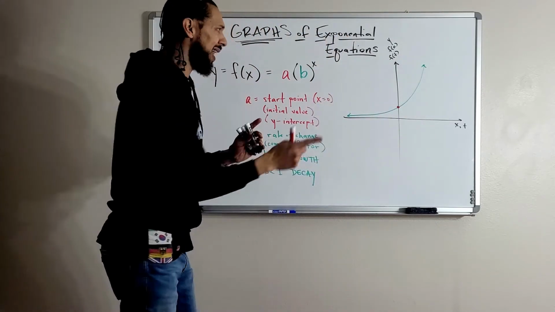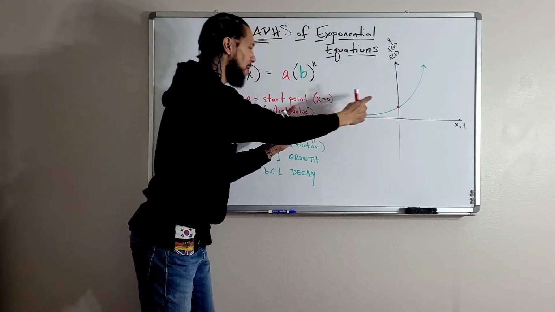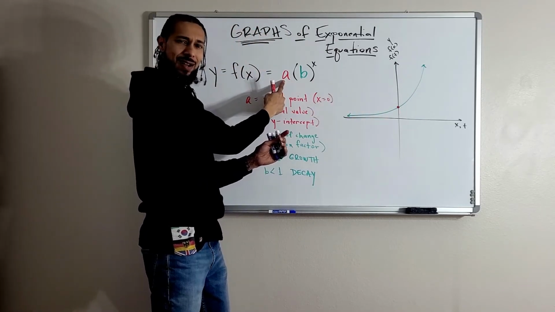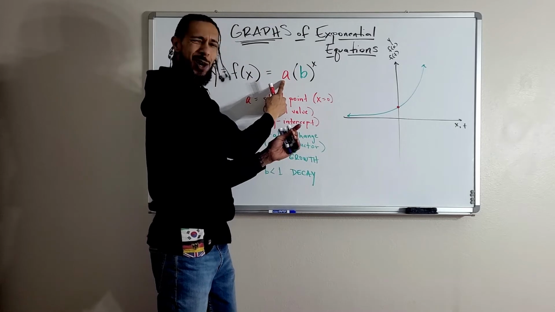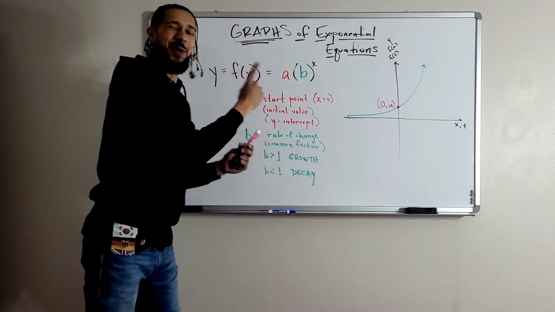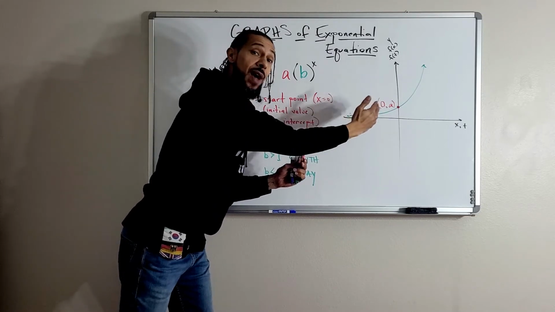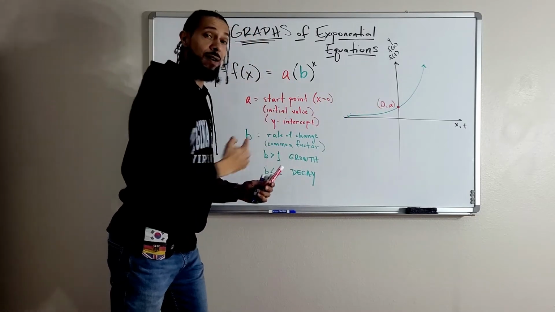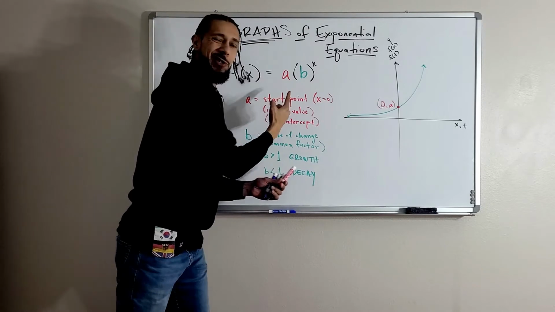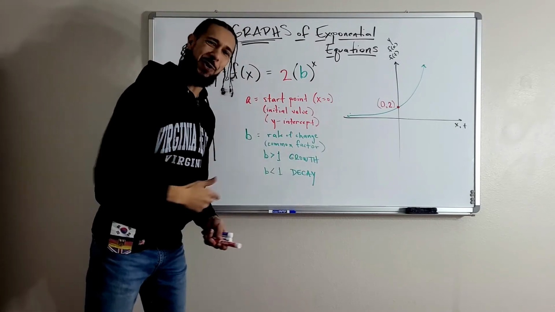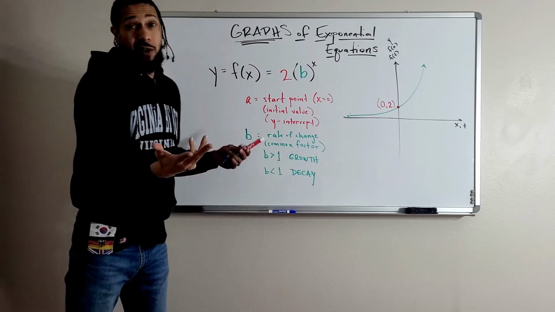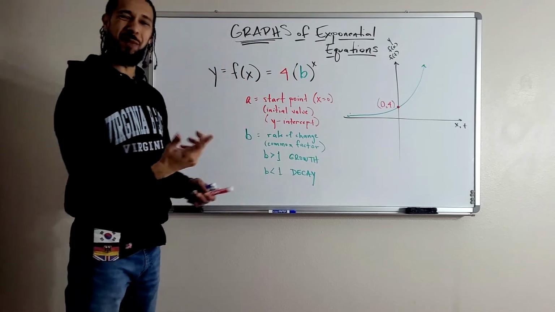That red point, that starting point where x equals 0, didn't we say that was this right here? Yes. So that means this y-intercept, our starting point, our initial value, is the same as this number right here. So if this number was a 2, guess what that number will be? A 2. Exactly right. If it were a 4, then that number would be a 4.